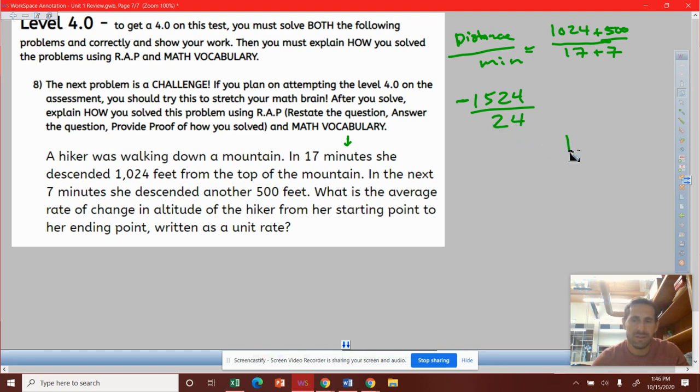So we've got to calculate this out: 1,524 divided by 24. Now, is this answer going to be positive or negative? Negative divided by positive is a negative. So I know my answer at some point will be negative. How many 24s go into 1? 0. How many 24s go into 15? 0. How many 24s go into 152? 6.